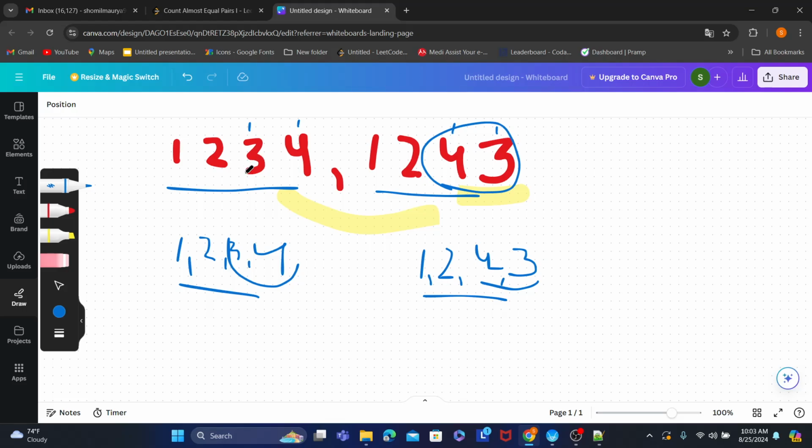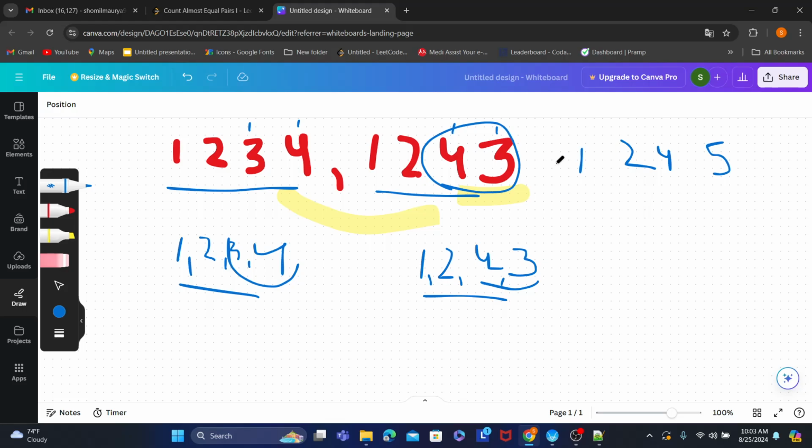Like if we are given 1 2 3 4 and both numbers are equal, then we do not need to do any operation, the numbers are equal as before, so that is the answer. Otherwise, if the numbers are not equal, we find the digits in them. Here it contains 1 2 3 4, here it contains 1 2 4 3. So the digits are equal, so this can be the answer. If, let's say, we have 1 2 4 and 5, 1 2 4 and 5.